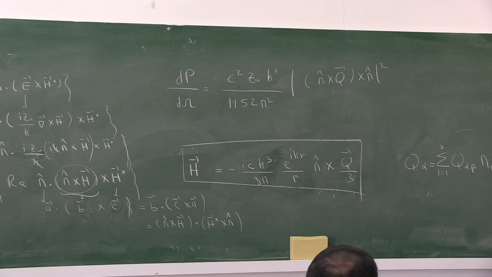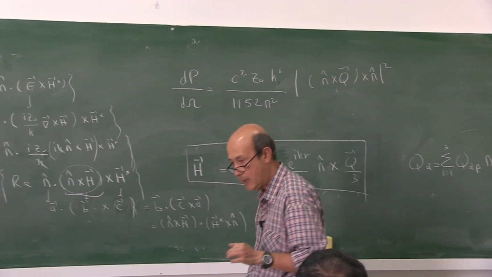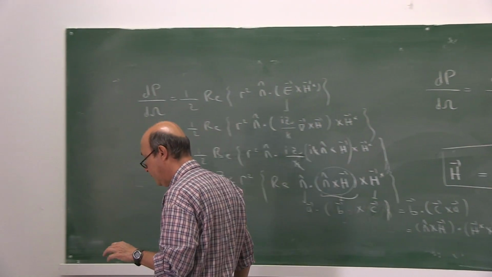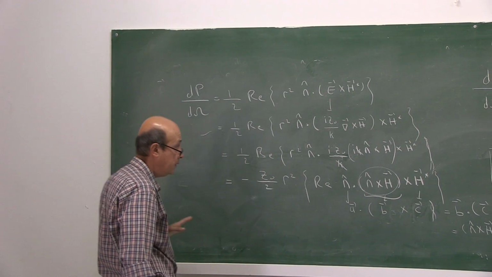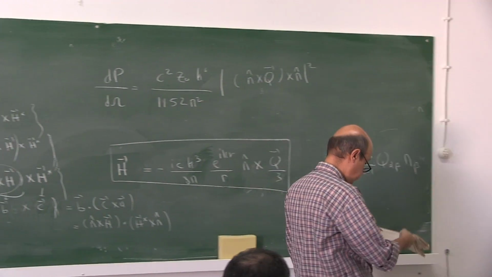So this is the power emitted per solid angle, and the question here is how we can apply it practically to the system. We have one more step, then we can do the application.